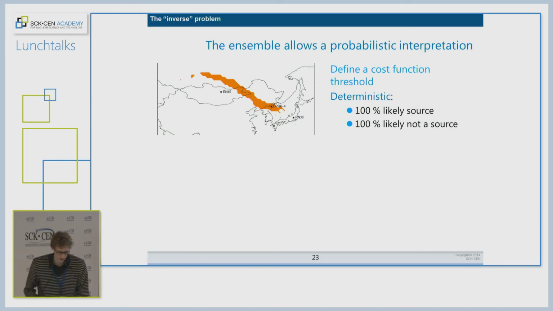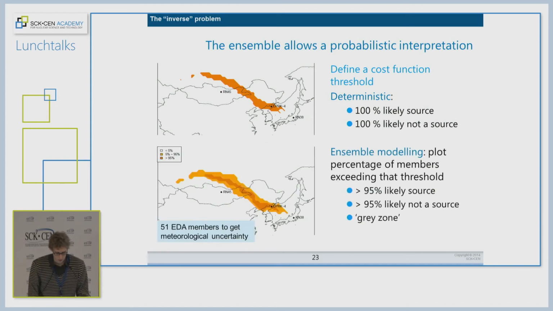Of course, that is quite confident, and in reality there is uncertainty. So we would like to have probabilistic maps, which we can obtain by using the ensemble modeling technique. Here on the bottom figure we plot the percentage of members exceeding a chosen threshold. And we define again 3 areas instead of 2 now.